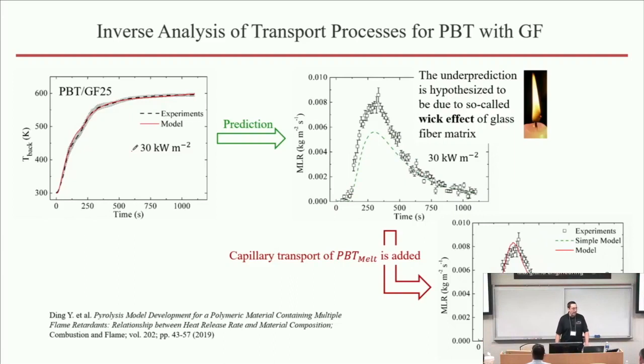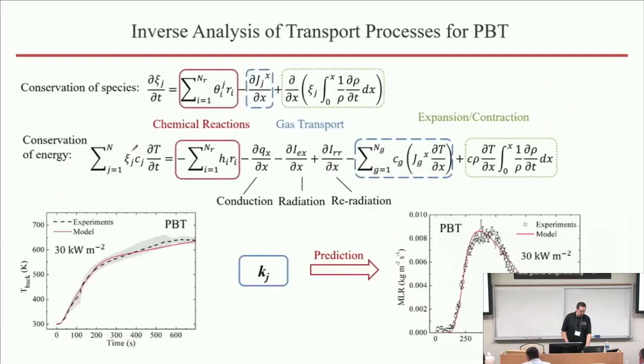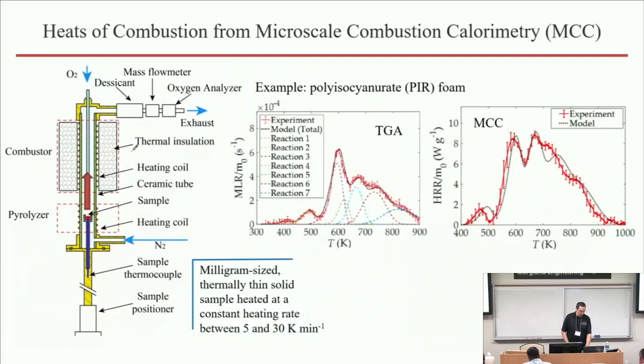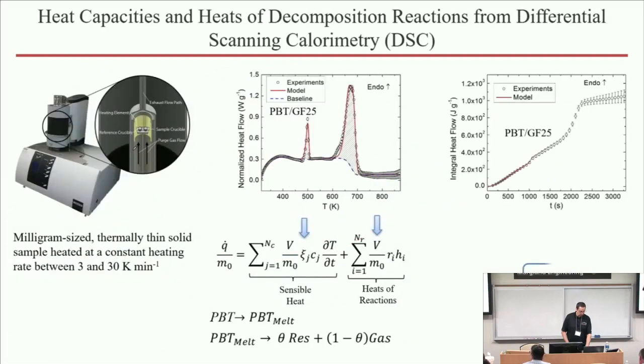So the way I included wick effect in this model was to assign a transport to my melt. In the model, I defined melt as a part of my equation. So actually, one of the components was molten PBT. And in my initial model, I assumed that the molten PBT was immobile. In other words, it just stayed where it was formed, initially decomposed.